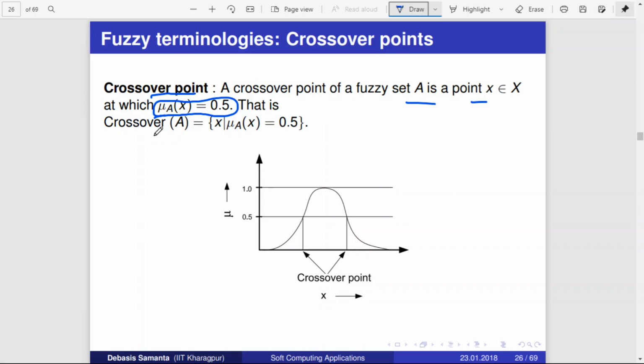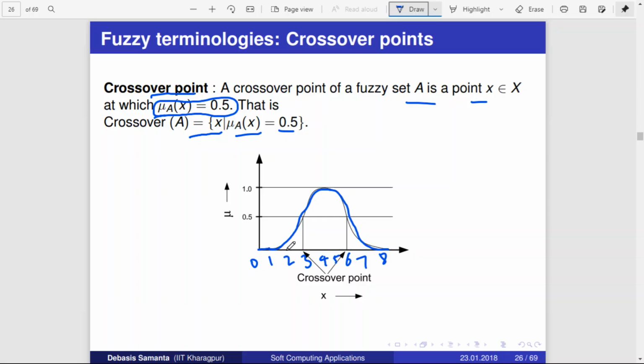It is given like this: crossover of A is equal to x such that mu A of x is equal to 0.5. If you consider this as a membership function, these are the values of x: 0, 1, 2, 3, 4, 5, 6, 7, 8, and so on. For 0, the membership function gives 0. For 1, it is 1.